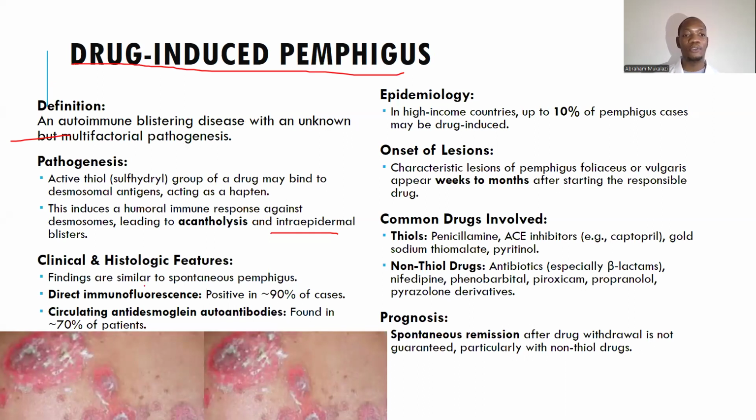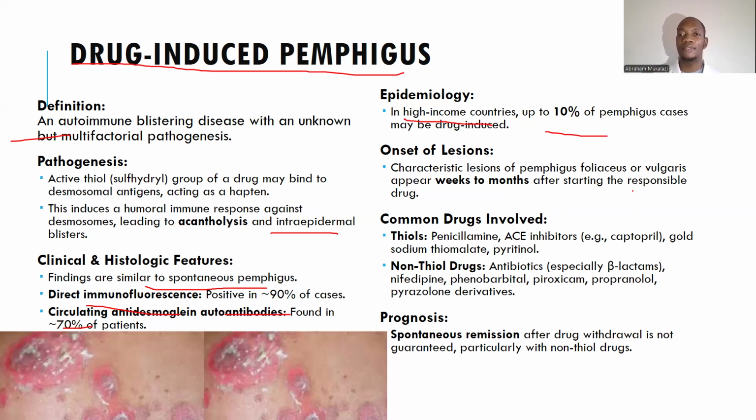Clinically, it will be similar to spontaneous pemphigus, and direct immunofluorescence will be positive in about 90% of the cases, and circulating anti-desmoglein autoantibodies are found in up to 70% of the patients. This is a little bit more common, especially in high-income countries. Up to 10% of the cases of pemphigus may be associated with drugs.